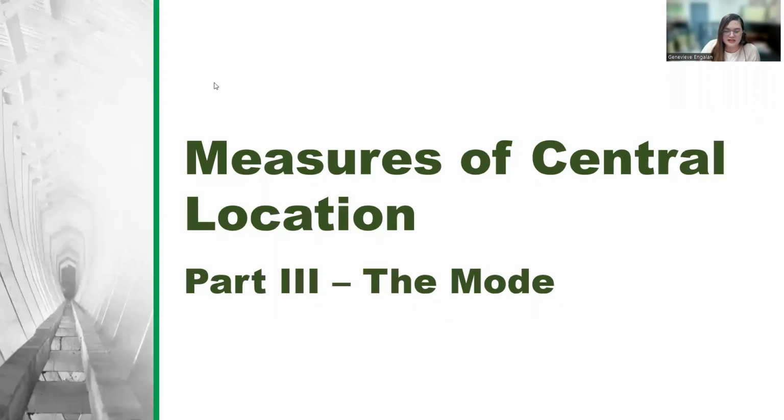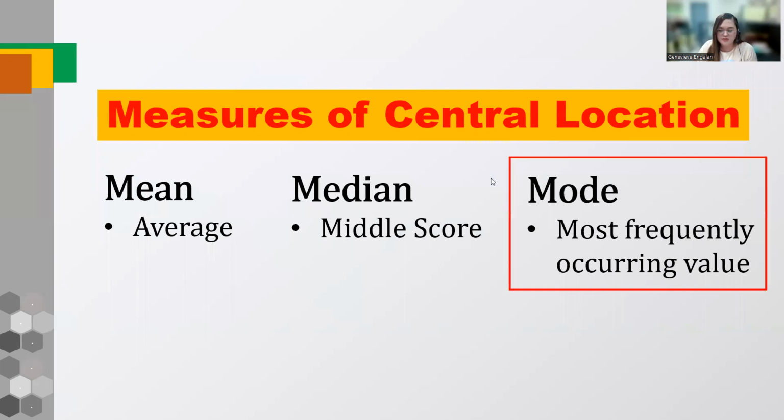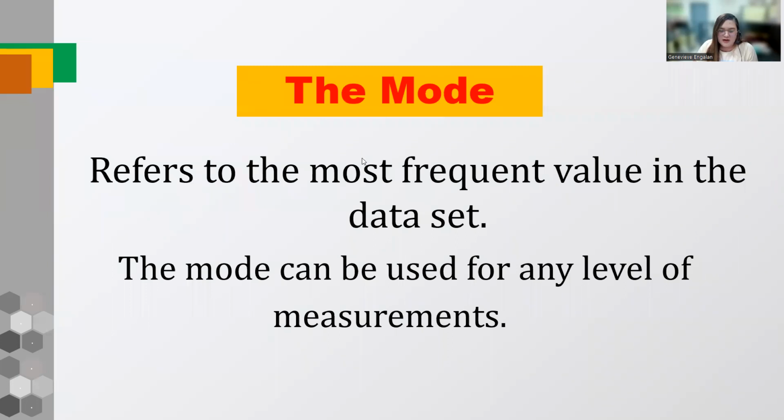Okay, so last is the mode. The mode is the most frequently occurring value. The last topic of this class, measures of dispersion, will be discussed on Thursday. The mode refers to the most frequent value in the data set. The mode can be used for any level of measurement: nominal, ordinal, interval, and ratio.